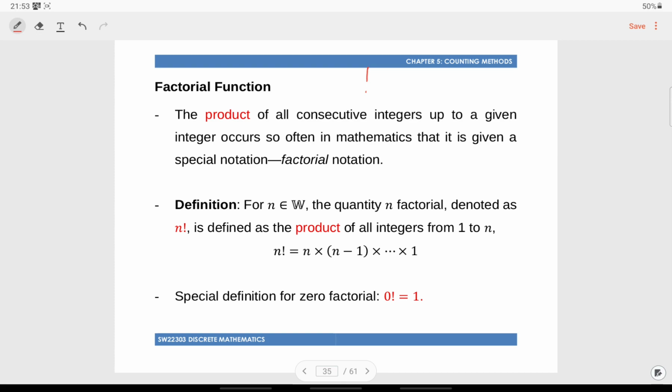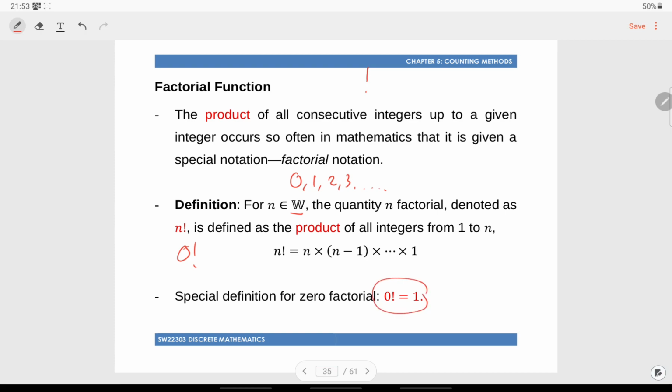For the definition of the factorial, for a whole number n, the quantity is denoted as n factorial. So n can be a whole number, which means the smallest possible value for n is 0. It can go from 0, 1, 2, 3, and so on. The smallest element is 0, so we have 0 factorial. 0 factorial is defined as equal to 1.